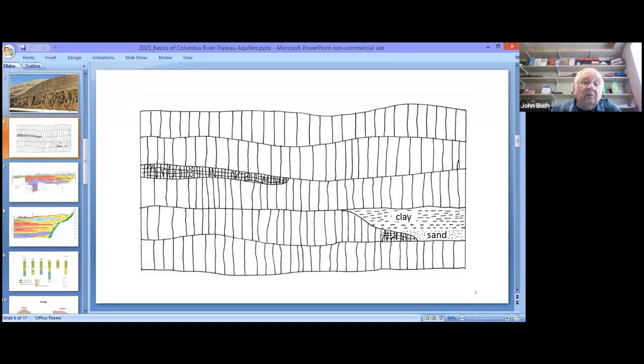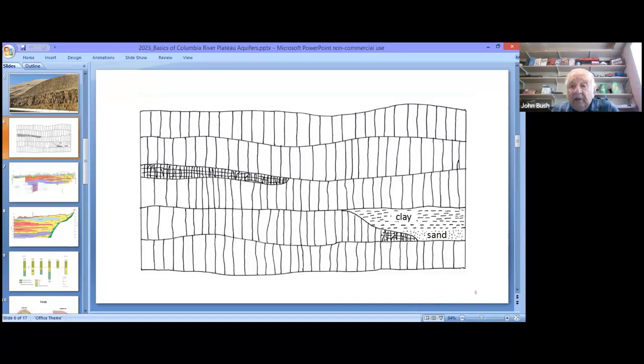So these zones, these pinch out zones, can be major sources for water that also can move laterally be connected to an interflow zone.